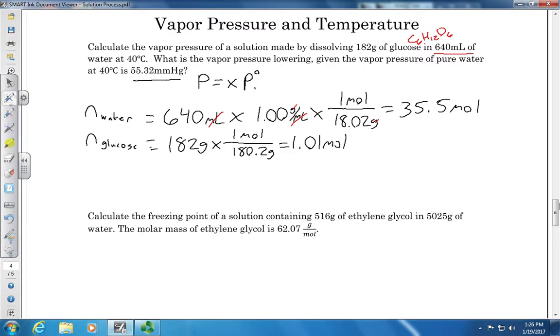Then our mole fraction is going to be our moles of water divided by the moles of water plus the moles of glucose, which is going to be 35.5 moles over the sum of the two that we just solved for, which would make it 36.51.